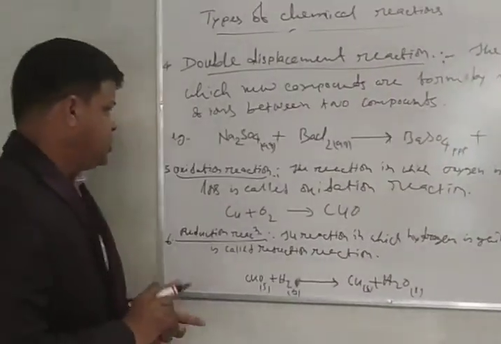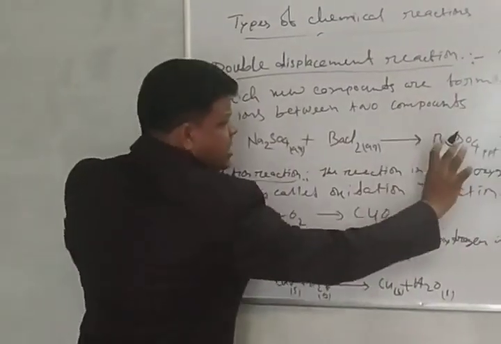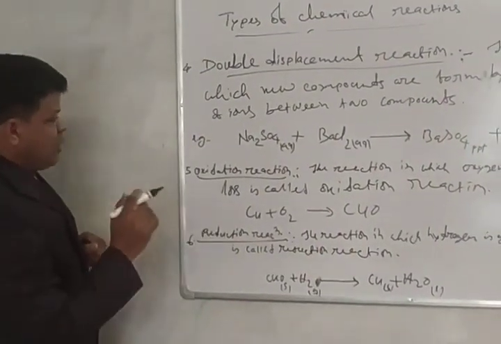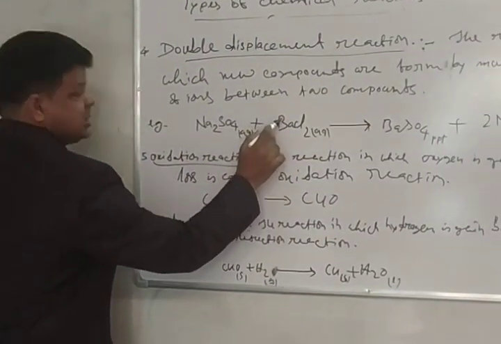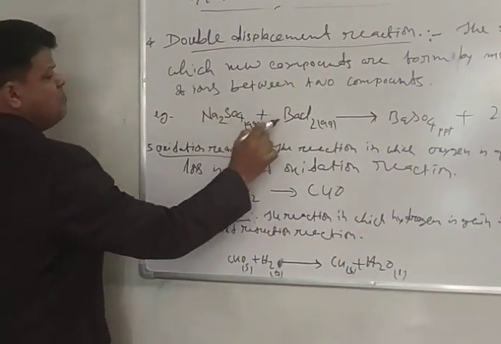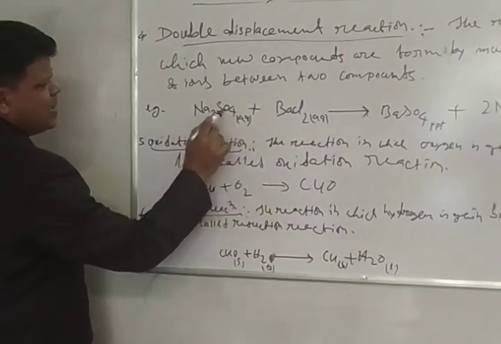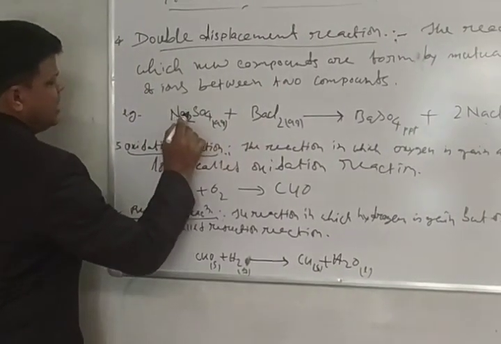When you observe the reaction, what can you see? You can see that the place of sodium is taken by barium and the place of barium is taken by sodium. At the same time, as a result, barium sulfate and sodium chloride are produced. The mutual exchange of ions is taking place. Na+ and Ba2+ are exchanged.